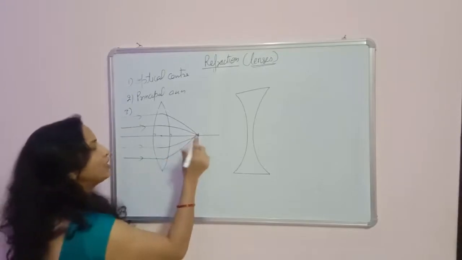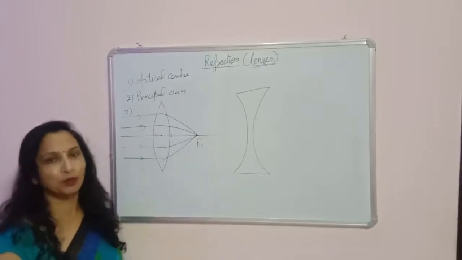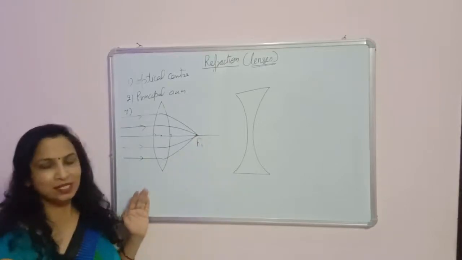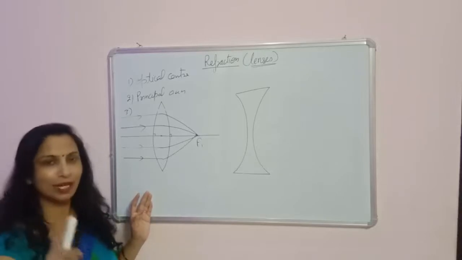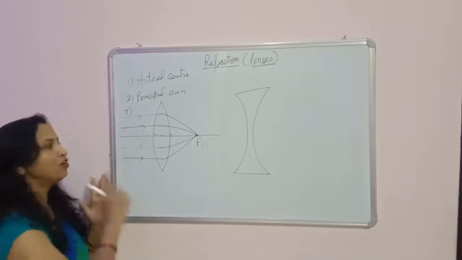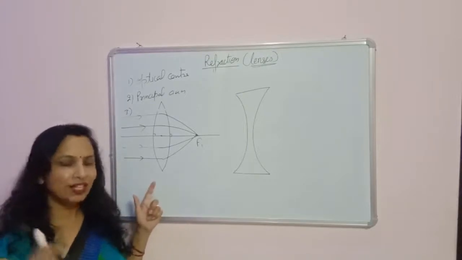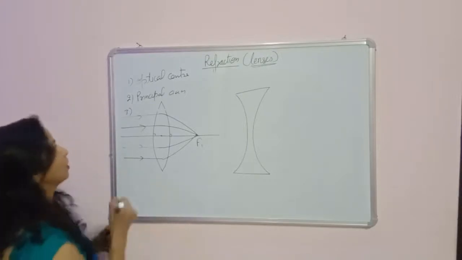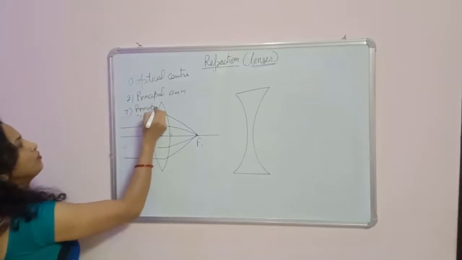And this point is called the principal focus. Again, I am going to explain. The light rays which are initially parallel to the principal axis. Again, I am going to tell you that first of all you will draw this image and then you will write the definition of principal focus. This is principal focus.